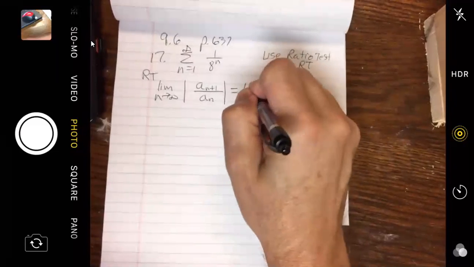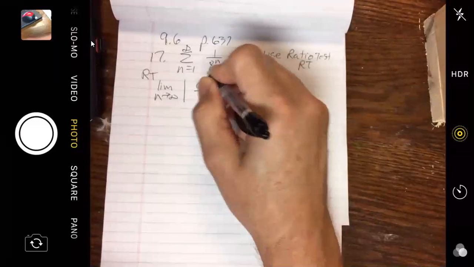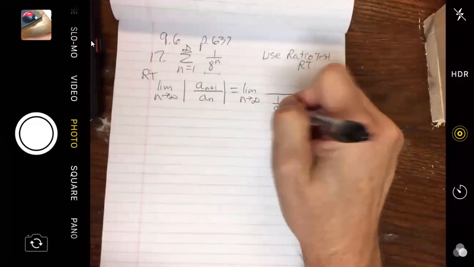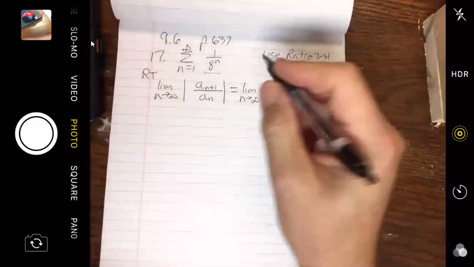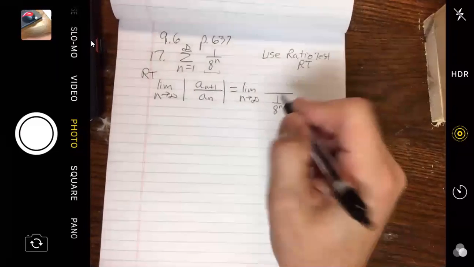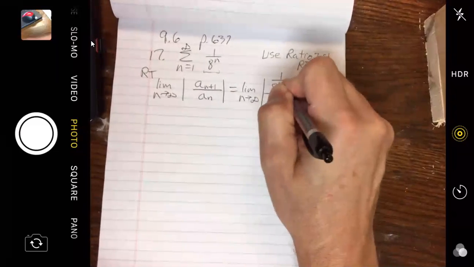So we're going to take a limit as n goes to infinity. The bottom a_n is whatever's here, 1 over 8 to the n. The n plus 1 means you sub in n plus 1 for that n. Again, absolute value, 1 over 8 to the n plus 1.